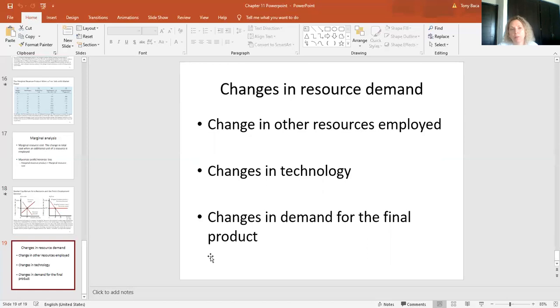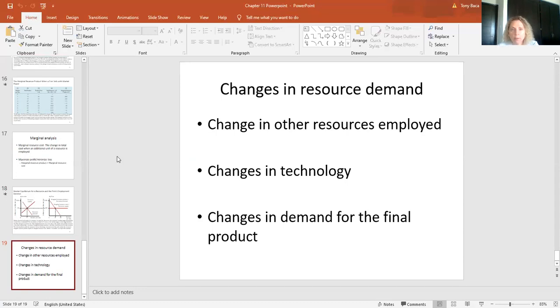And we see this happen all the time, right? You and I decide we need something, stores run out of it, and they quickly try and find more resources to respond to our demand for the final goods and services. And so they're going to ramp up their demand for the resources necessary, or vice versa, right? If we decide we don't want it anymore.